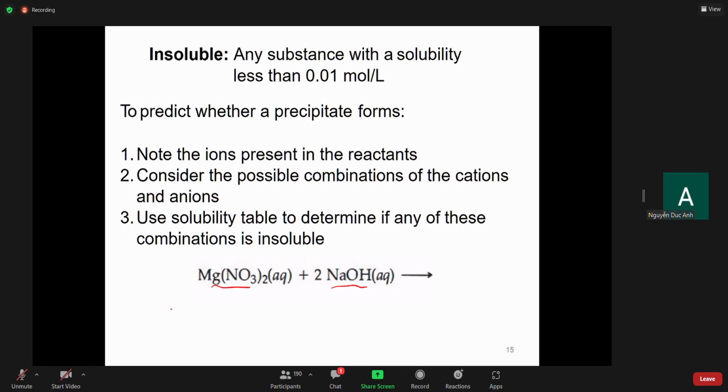Okay, so now you will have the ion of magnesium 2 plus. Okay, the other ion of this compound is nitrate minus. Okay, the other ions generated from the other compound will be sodium plus, and the last one will be hydroxyl.